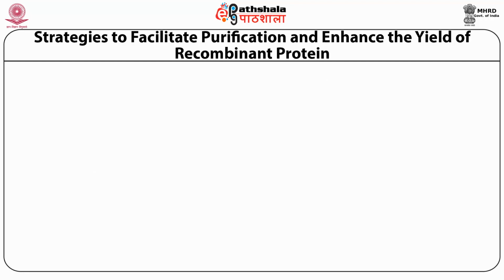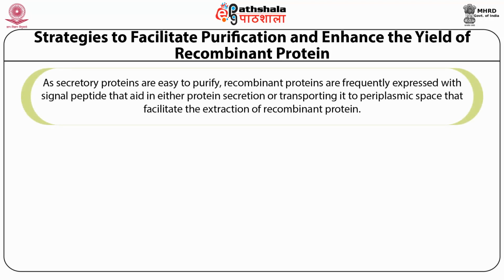Various strategies are used to facilitate purification of recombinant proteins and which also enhance the yield of recombinant protein. As we have discussed earlier, secretory proteins are easy to purify as they are secreted in the medium or in the periplasmic space by the host cells.